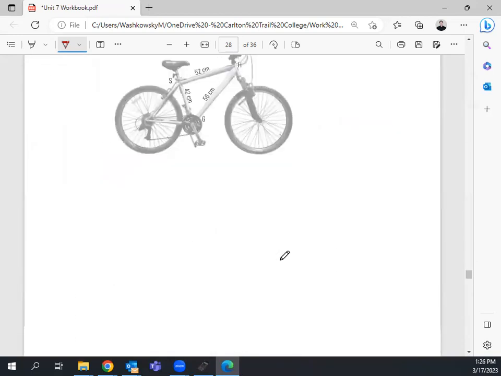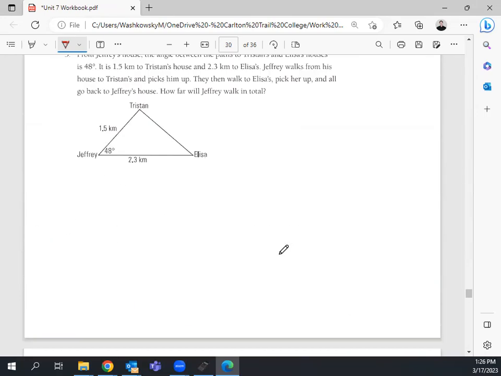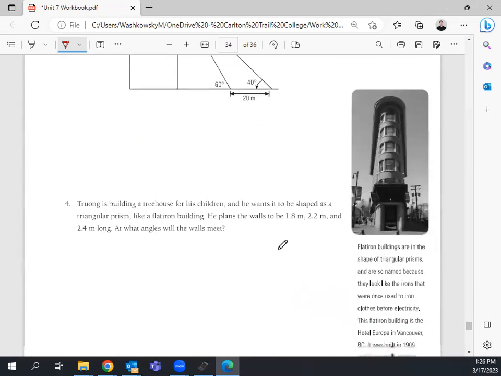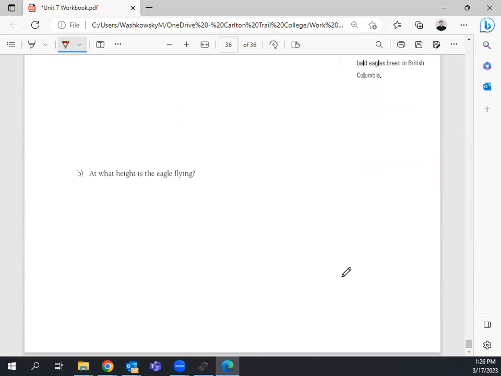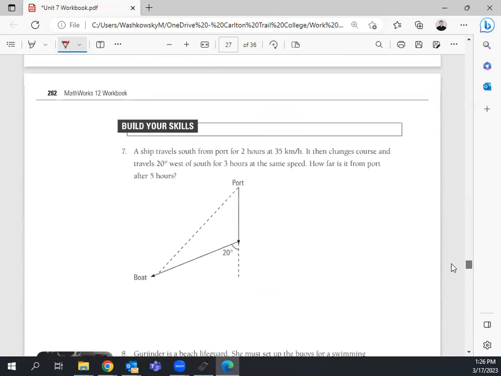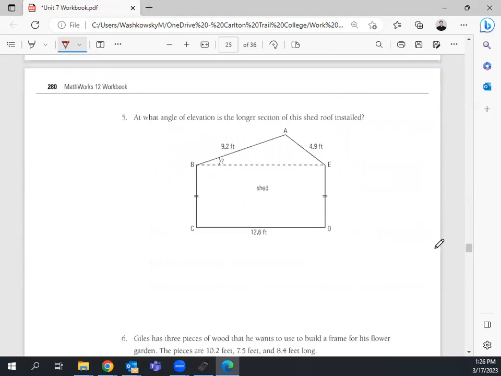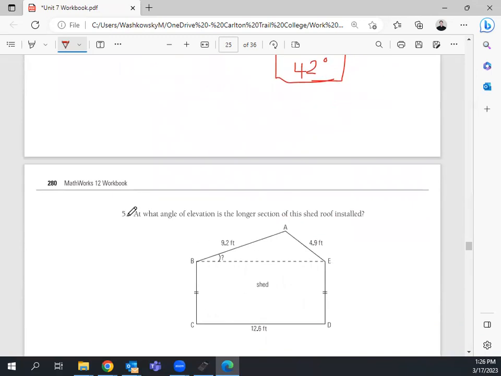Take the time now to go through these, try and challenge yourself, try and get to those more difficult questions. We'll do a very short review on Monday just because I know it's the weekend. But this is your time here to make sure you get this stuff down. If you have questions, please ask me.